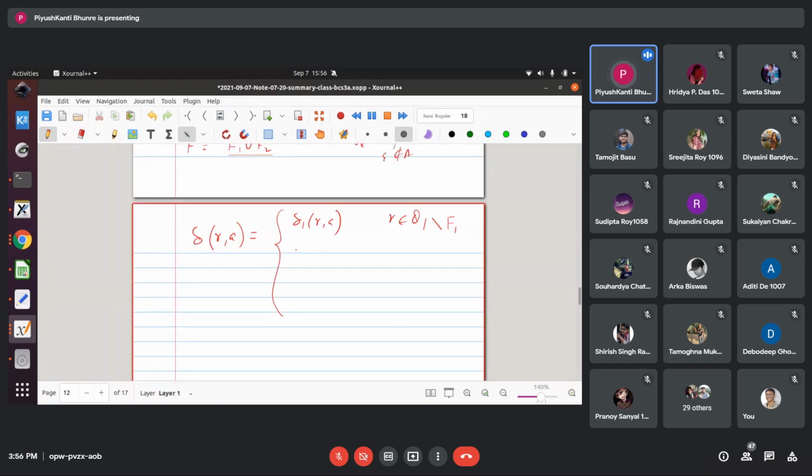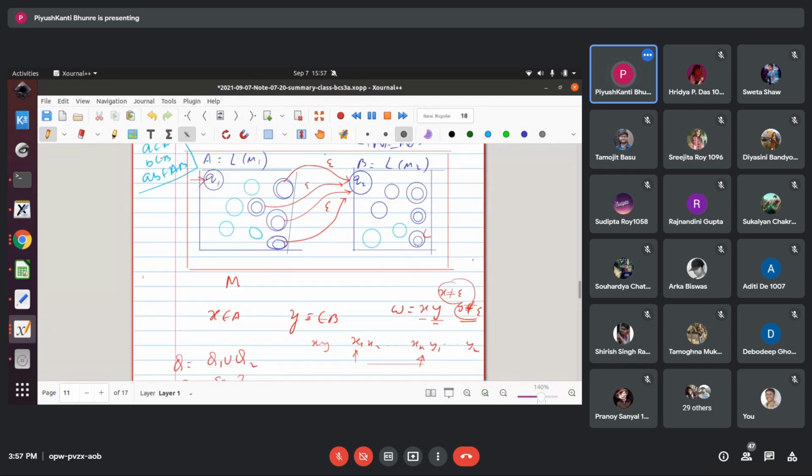So we make sure that the next part will be recognized from the string that is coming from the second set B. So delta 1 RA, if R belongs to F1 and A not equal to epsilon.